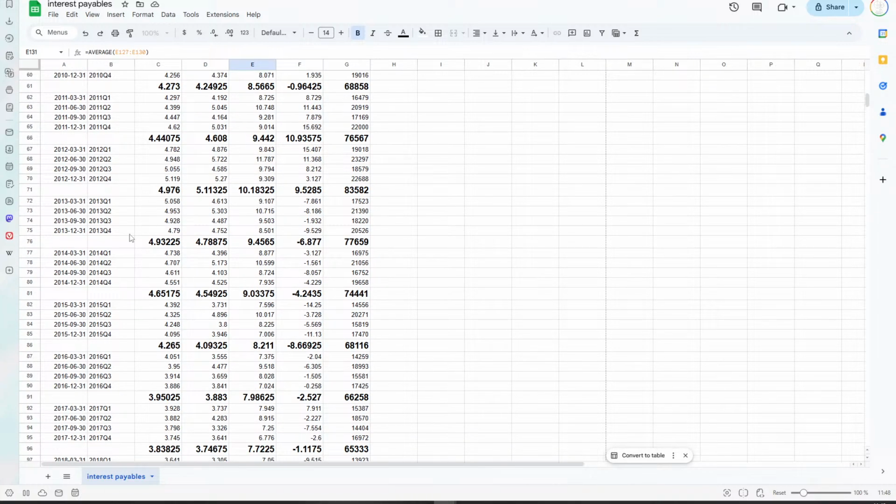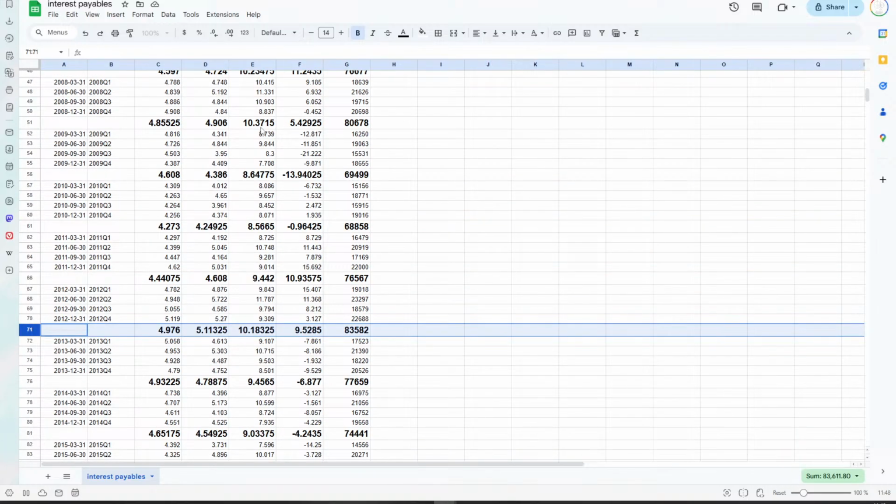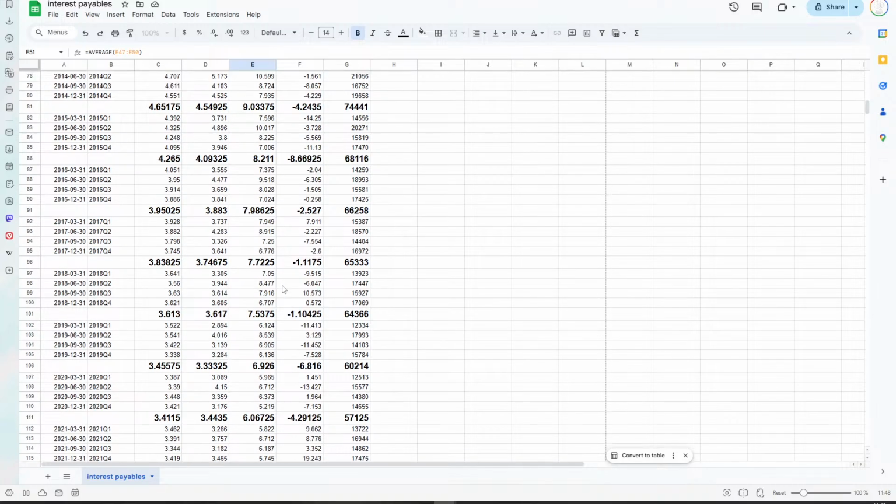It's very easy to see here. 2012, you have 83.5 billion, which is a pretty similar amount to 2024. But the percentage of total government expenditure is 10%, and this 10% is the crisis parameter.